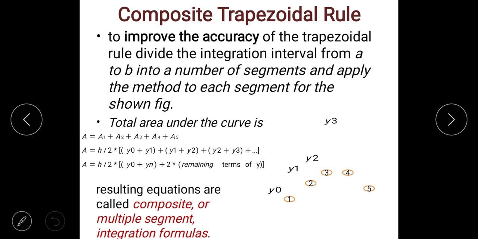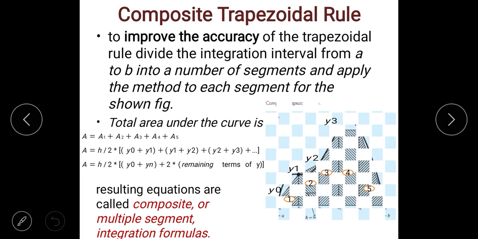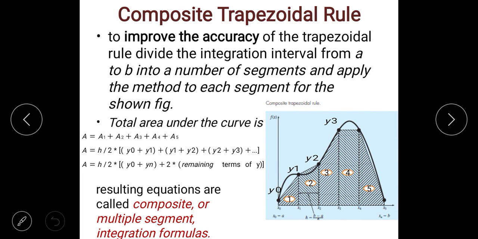Before starting the trapezoidal rule, first of all we should know which formula we use for finding the area under the curve in single integration. First we discuss the trapezoidal rule, then Simpson's one-third. In the trapezoidal rule, the area under this graph can be calculated using this formula: h by 2 into y0 plus yn plus 2 into the remaining terms of y.